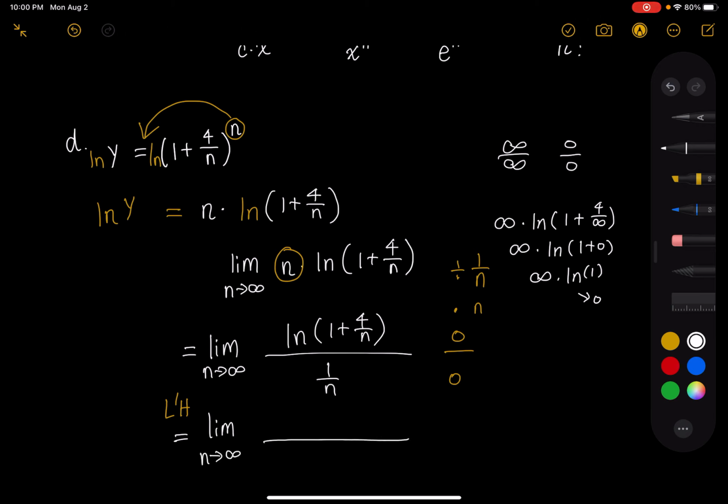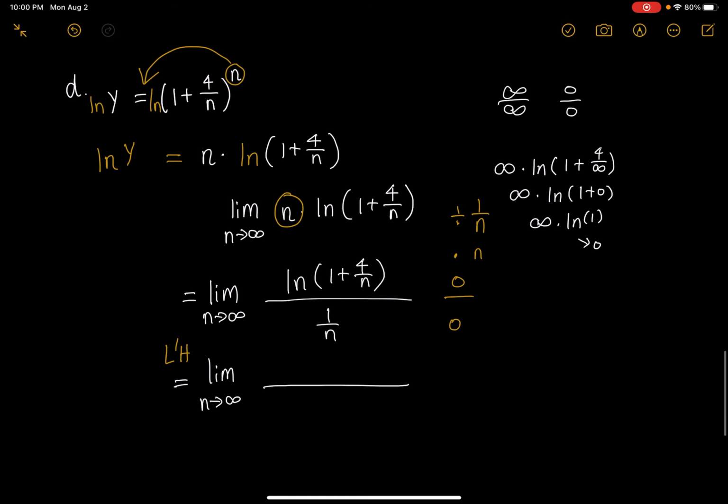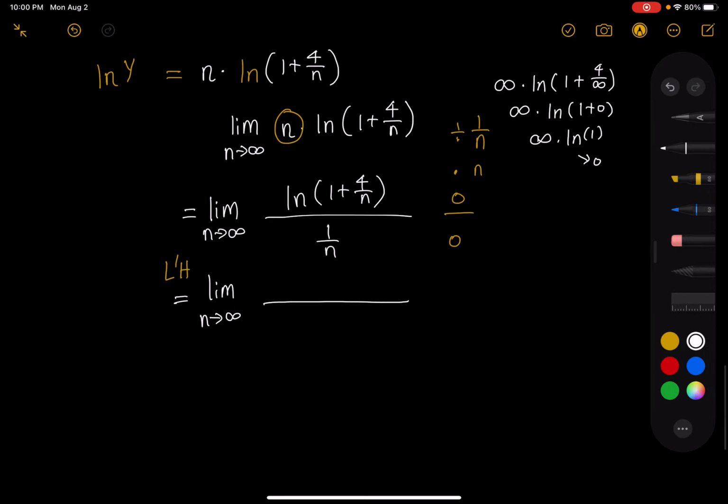Now, for the top, we have to take the derivative with respect to n. So for ln, we have to use the chain rule also, okay?